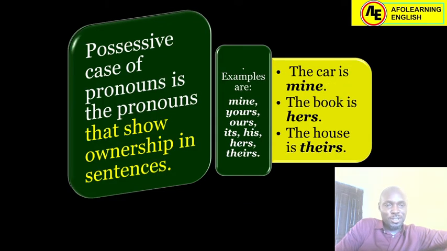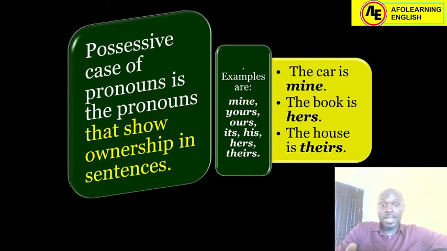Let's move on to the third case of pronoun, which is the possessive case of pronouns. Now, these are pronouns that show ownership or possession. Examples are mine, yours, hers, its, his, and theirs.